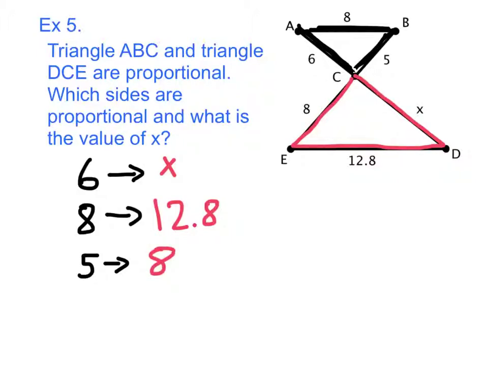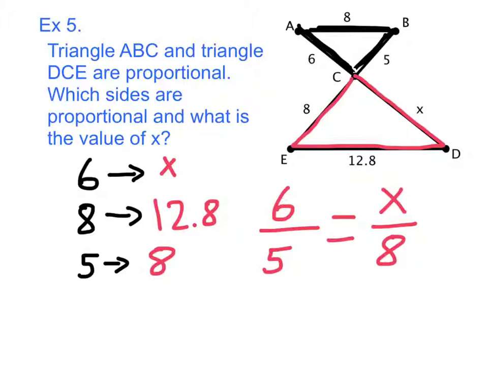So if we're trying to figure out what x equals, we're going to have to use these numbers to set up some sort of proportion. So I'm going to set up the proportion, and then I want you to solve it by yourselves. So let's say 6 over 5 equals x over 8, and then you solve it from there.